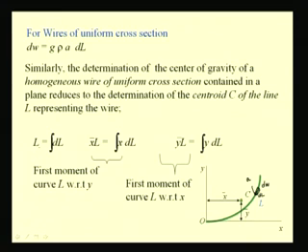So, the integration simplifies to L, which is the length of the wire, equal to integral dl, and we have the first moments as x bar L equal to integral x dl, which is the first moment of this curve with respect to the y axis, and y bar L equal to integral y dl, or the first moment of this curve with respect to the x axis.